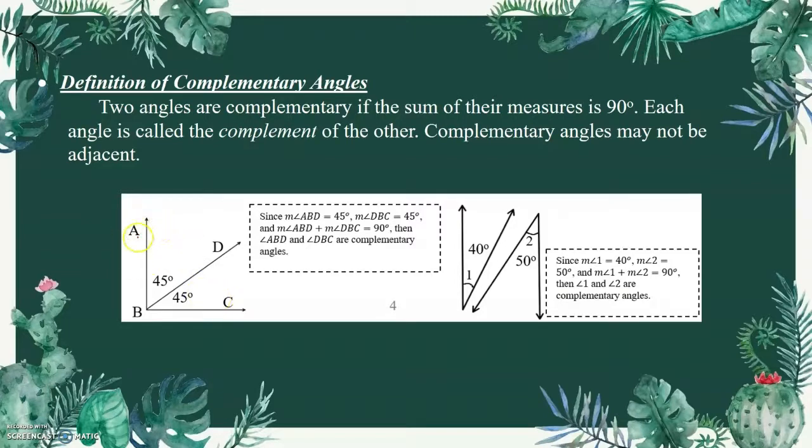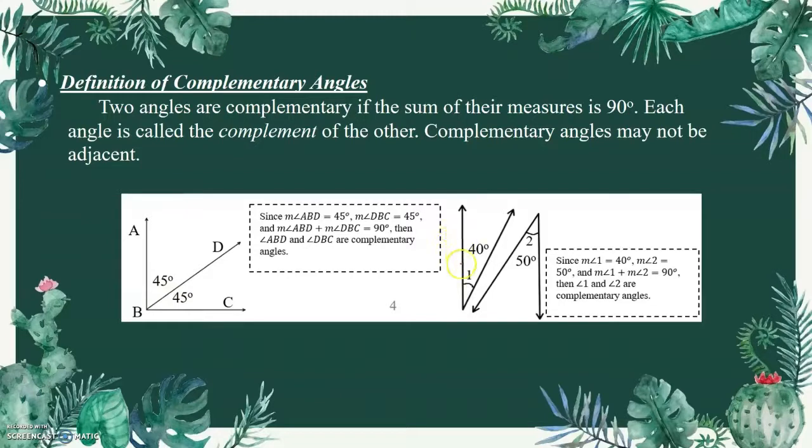So angle ABD is equal to 45 degrees and angle DBC is also equal to 45 degrees. Now the measure of angle ABD plus the measure of angle DBC is equal to 90 degrees. Since the two angles sum up to 90 degrees, then the two angles are complementary.